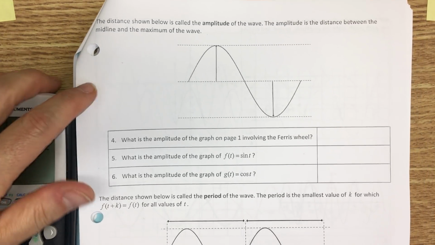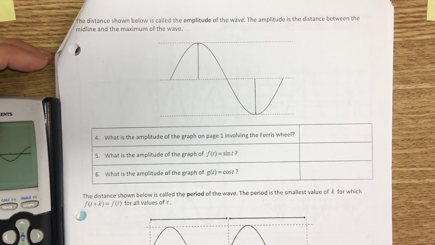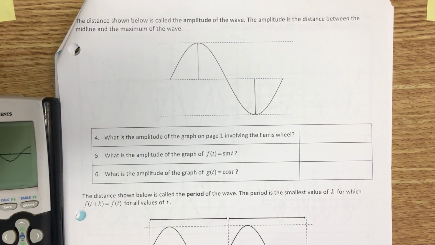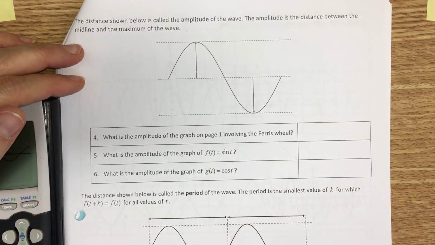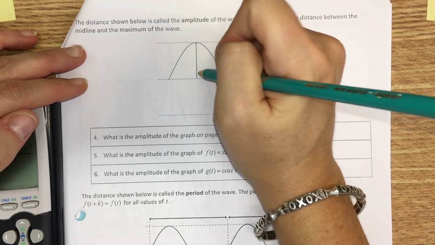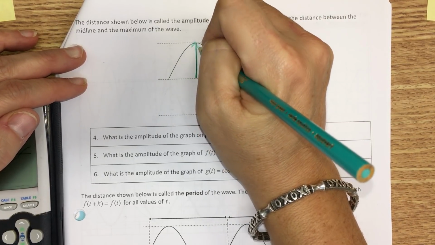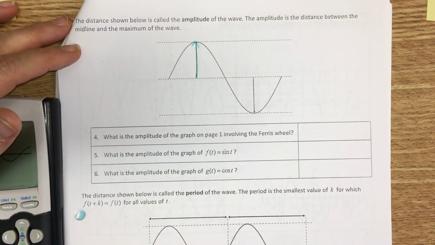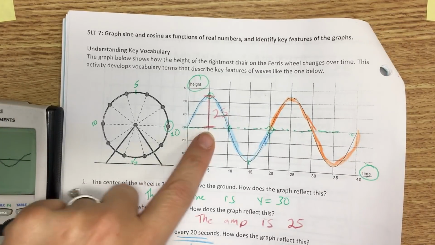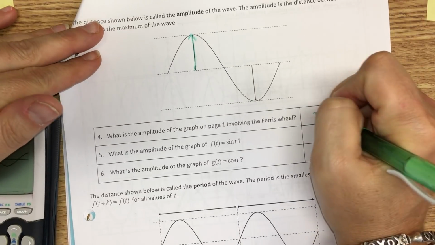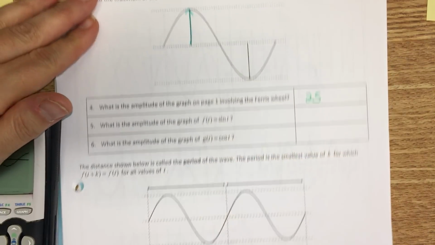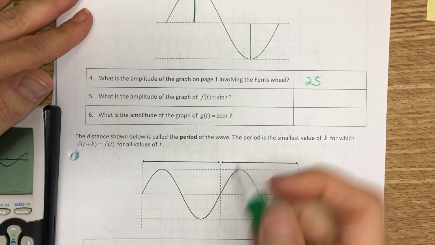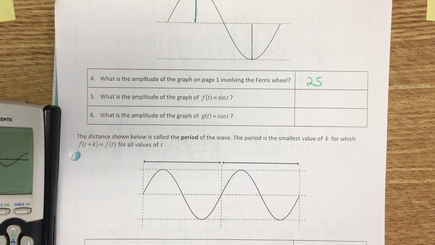The distance shown below is called the amplitude of the wave. The amplitude is the distance between the midline and the maximum. So from here to the top, that's the amplitude. What is the amplitude of the graph on page 1 involving the Ferris wheel? If we go back here, we see that the amplitude is 25. What is the amplitude of the graph f of t equals sine t?